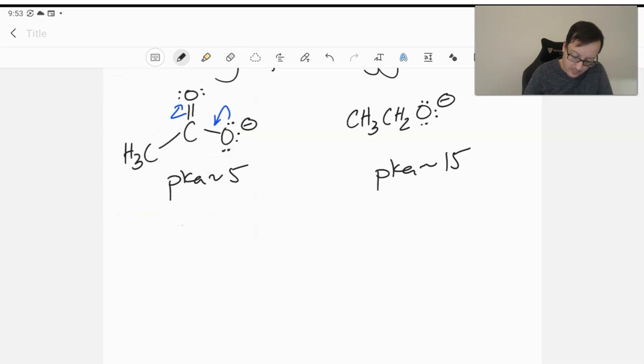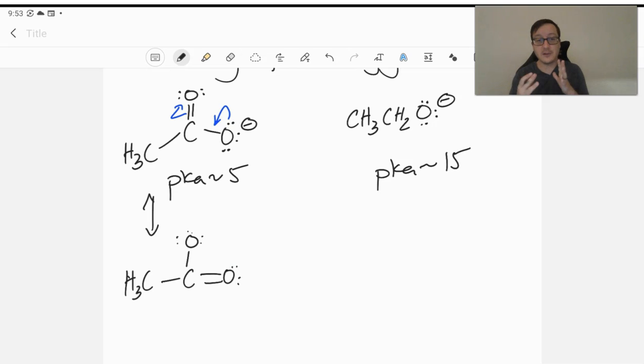And in doing so, we have different resonance forms that come out. This is a very important factor in stabilizing the conjugate base. Because we're able to move that negative charge around, it stabilizes it. So our negative charge now is on the other oxygen. So we're able to move that around.